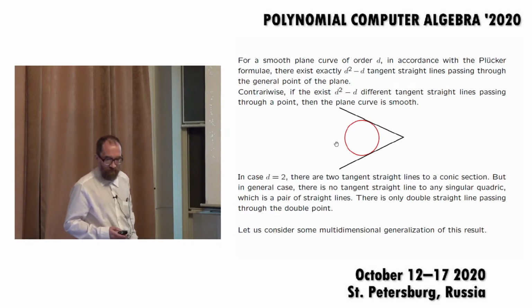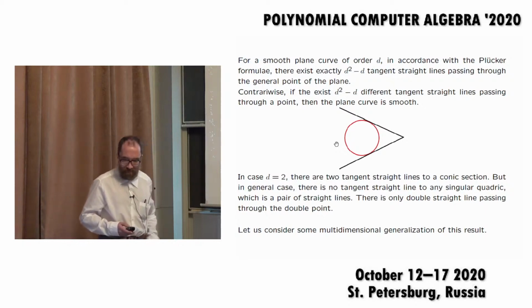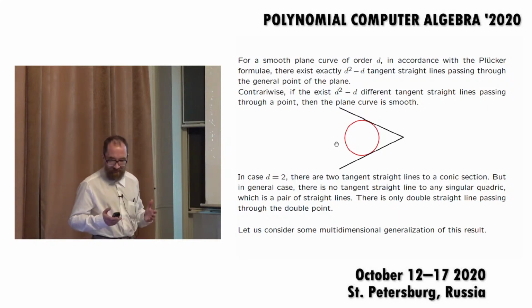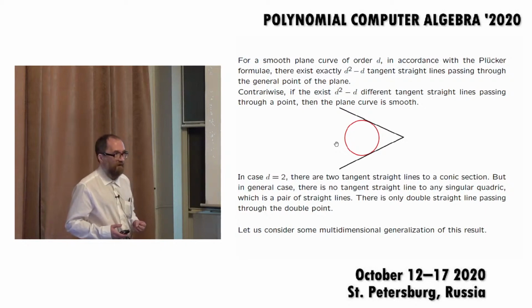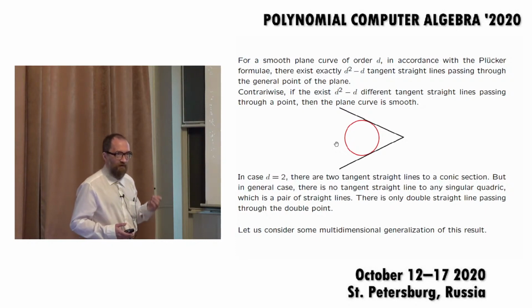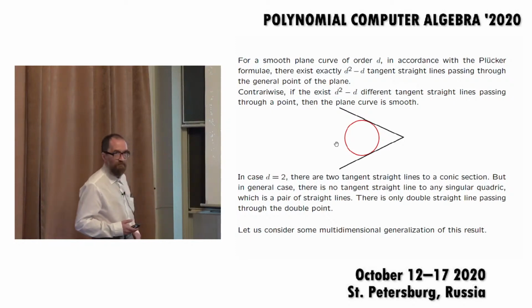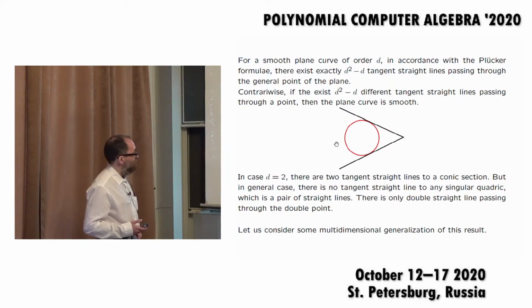For a smooth plane curve of degree d, in accordance with a well-known formula, there are exactly d squared minus d tangent straight lines passing through a point of the plane. You can see an example when d equals 2: a red circle, and two tangent straight lines passing through a point.